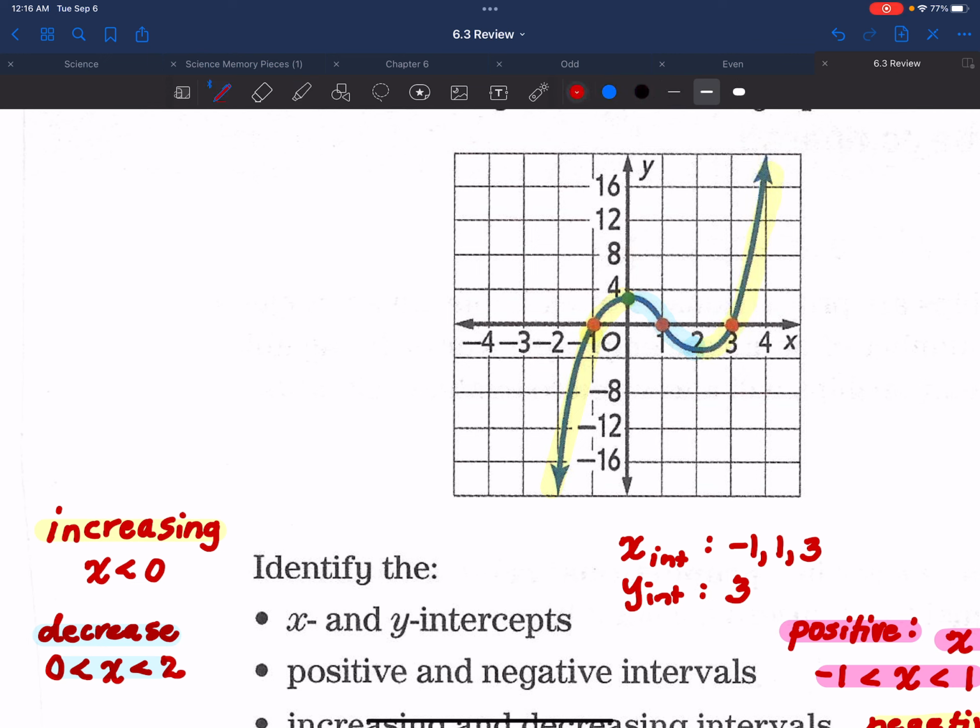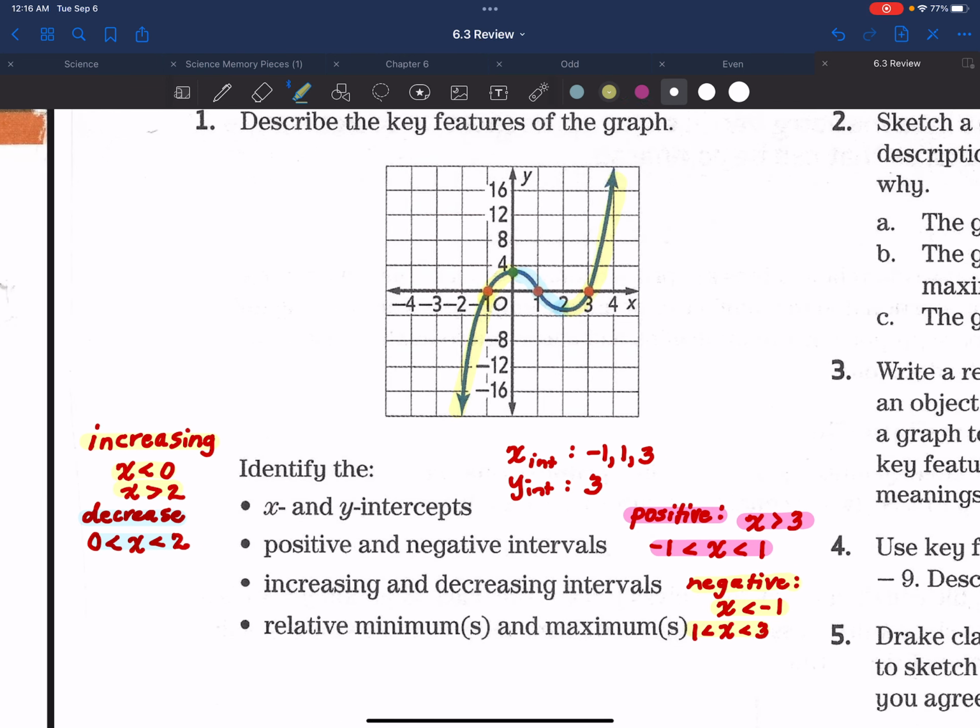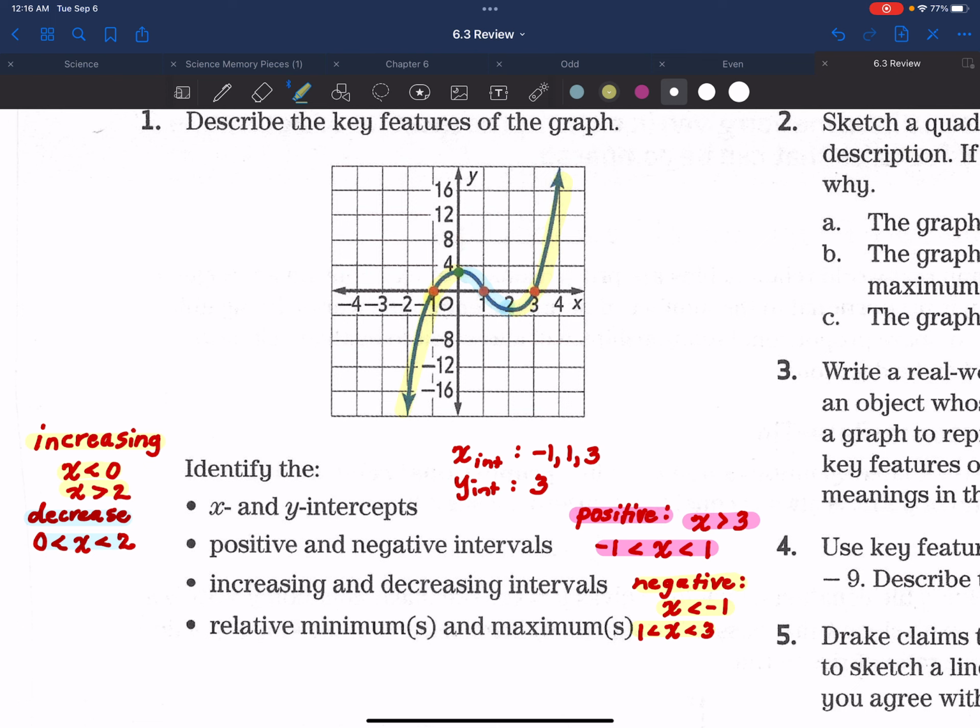And that will happen when x is greater than +2. So these two areas show increase, and then the blue area shows the decrease. Relative minimums and maximums. The relative maximum is 3, and the relative minimum is -3.